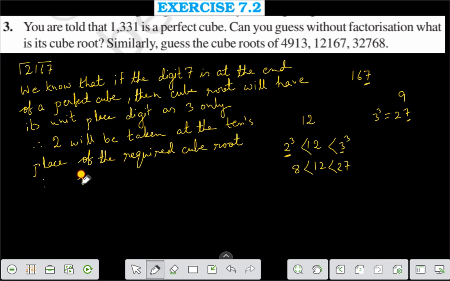Therefore, we can write that the cube root of 12167 is equal to 23.